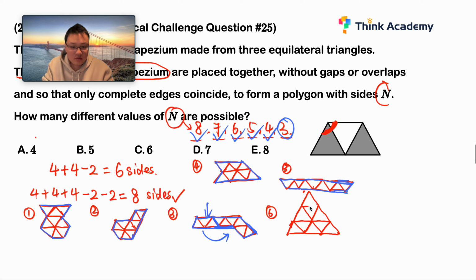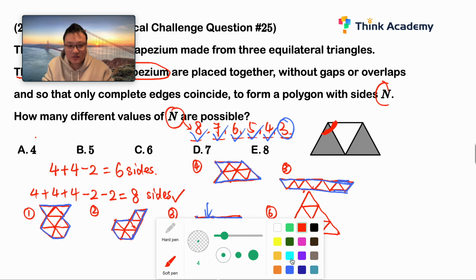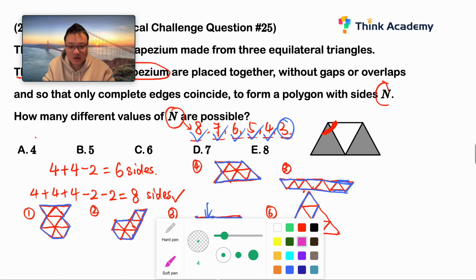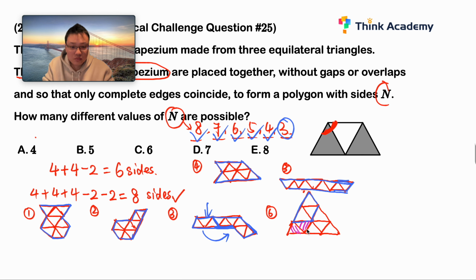Okay, so you see, you just put 3 of them together. 1, and let me change my color. And 2, right, the pink one, and the 3rd one, right. Okay, that's how you get a triangle.